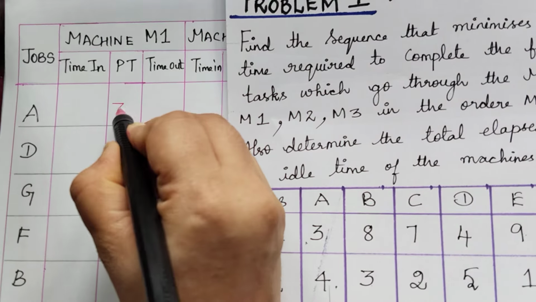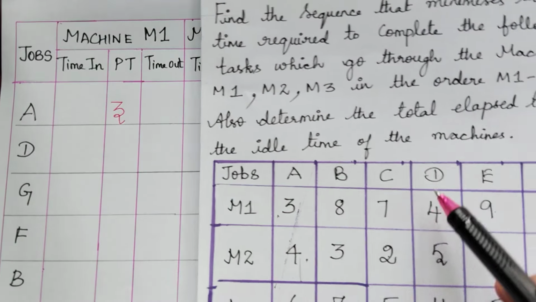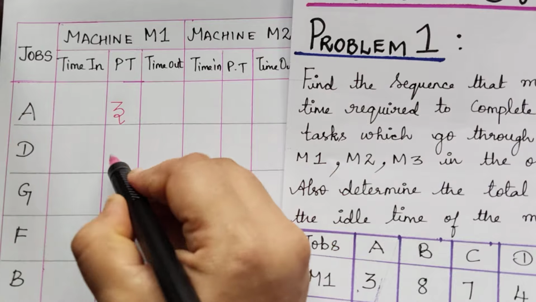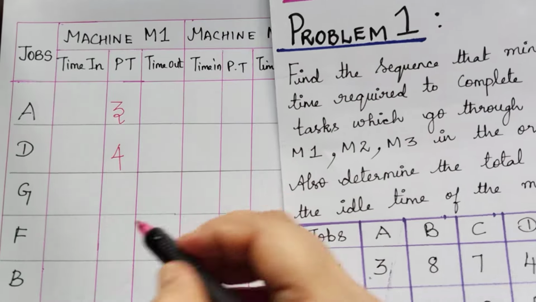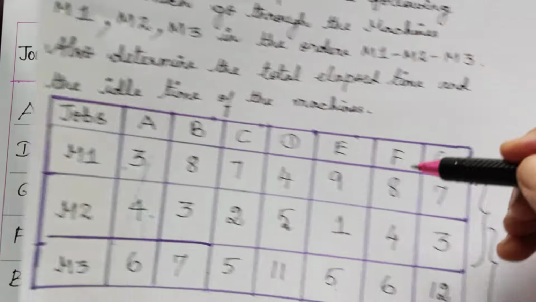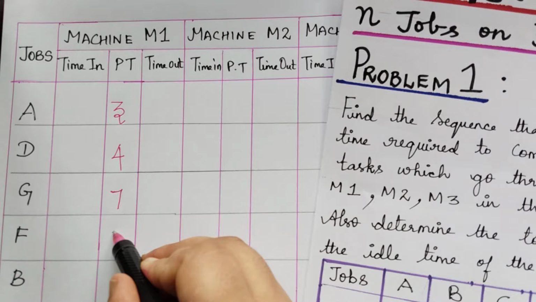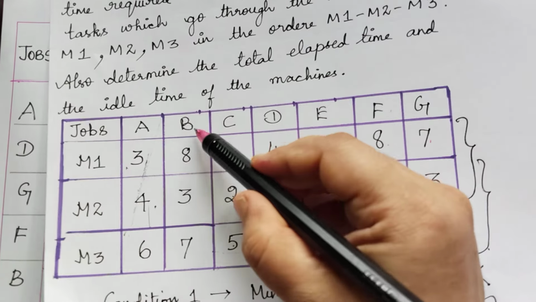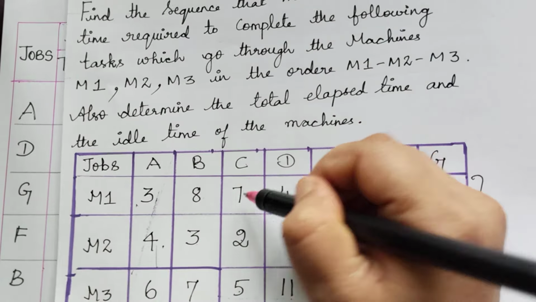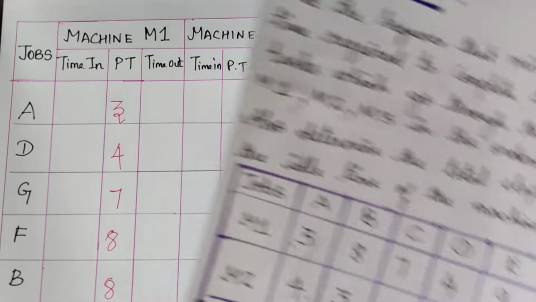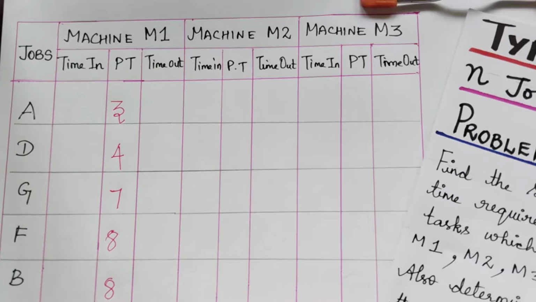Let us write that over here. For job D, it is 4. Job G, here we have 7. For F, it is 8. For B, it is 8 again. For C, it is 7. And for E, it is 9.